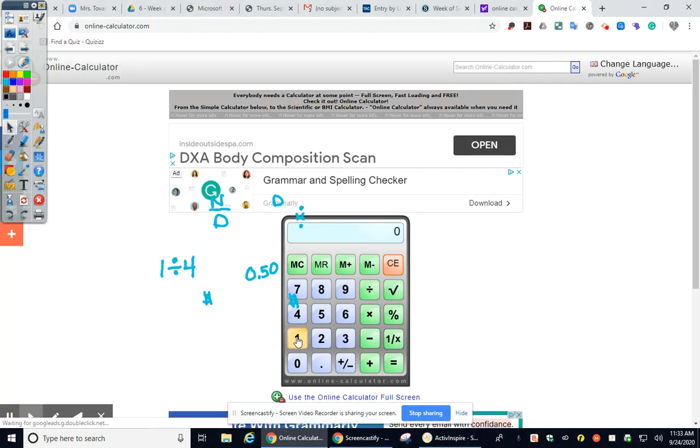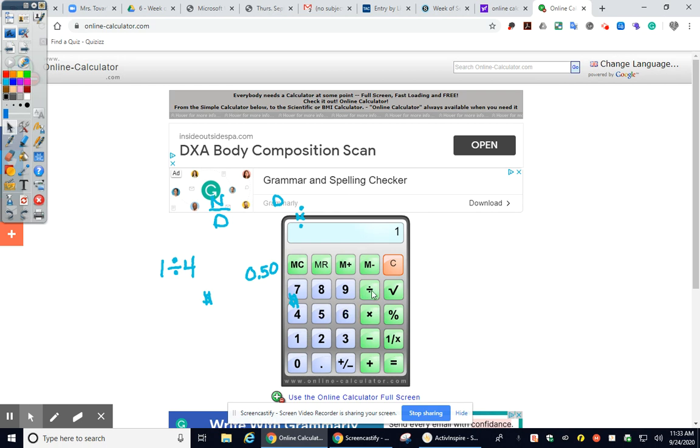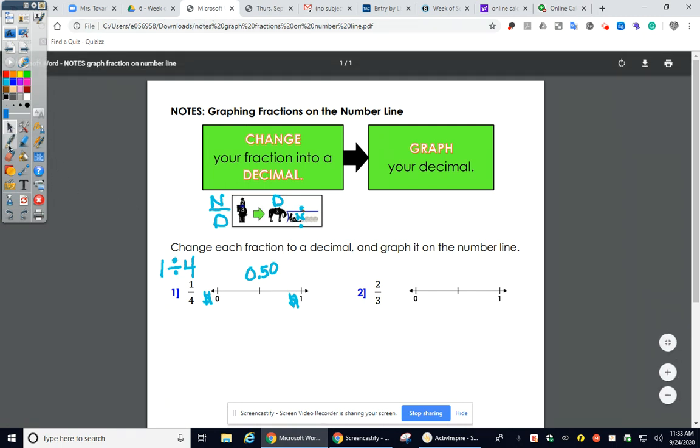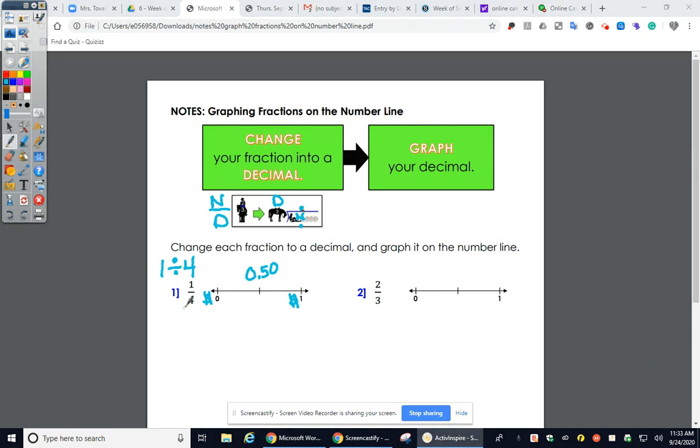I'm going to go 1, hit divide, and then hit 4. And I can see my answer is 0 and 25 hundredths, or 0.25. So I'm going to write that off to the side here. I'm going to put equals 0.25. So that's like 25 cents.